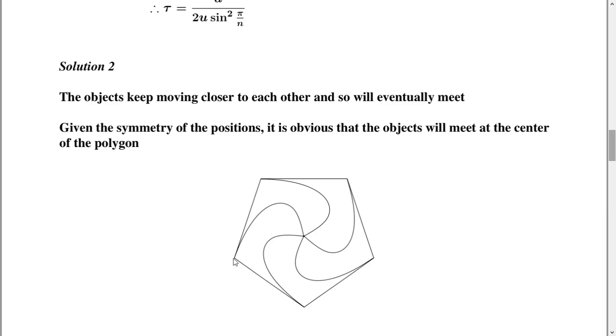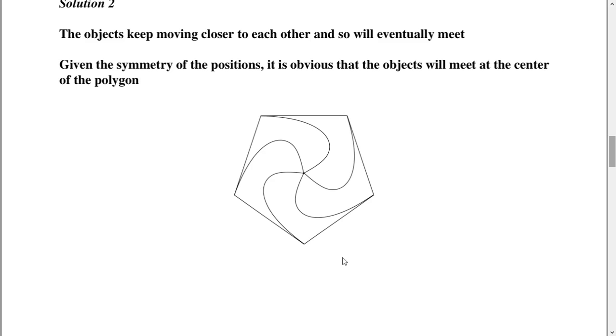So to find the velocity of approach between an object and the center, you will need to know this angle, right? The angle that the velocity of the object, which is along this line, makes with the line joining the center and the vertex. Let's call it theta. So if u is the speed and theta is the angle, then the component of this object's velocity that takes it towards the center is u cos theta.